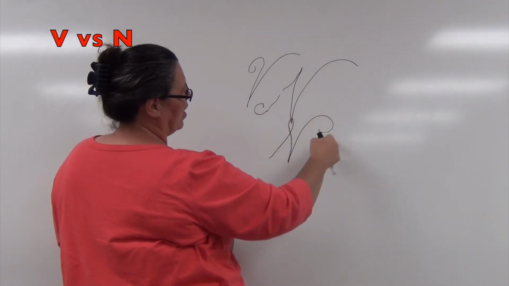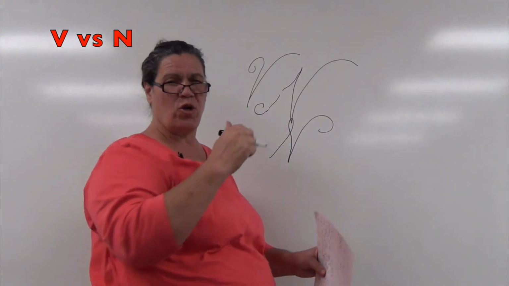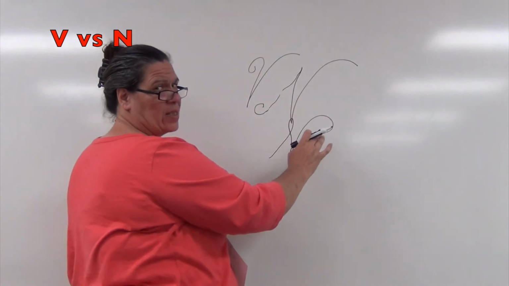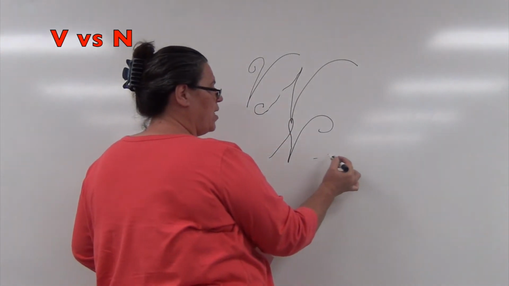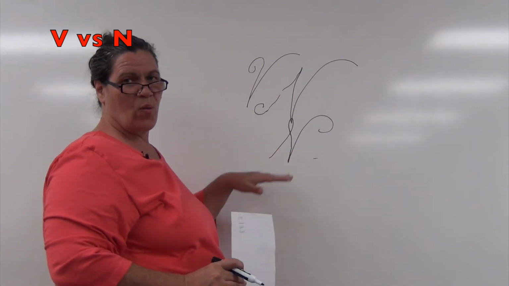Here's the V, and this is the flourish. And sometimes you want to make that a P. I showed you all those P's that had curls, and so you think that's a P. If you read the rest of the word, you usually can figure out what that is.